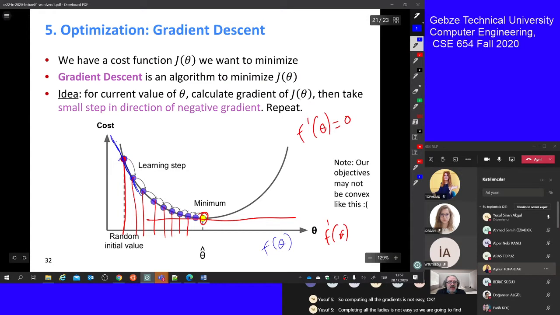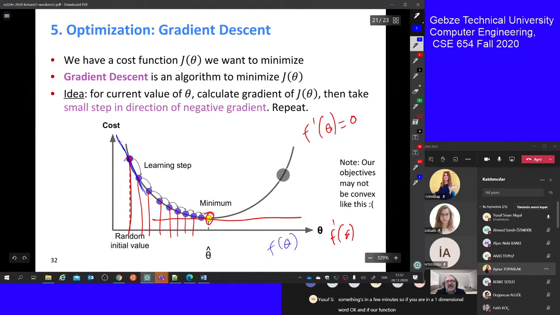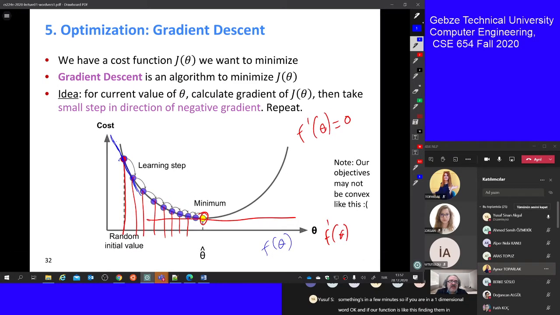If we are in a one-dimensional world, and our function is like this, finding the minimum using gradient descent is guaranteed. But we are not in a single dimensional world, and our objective function is not as nice as this.